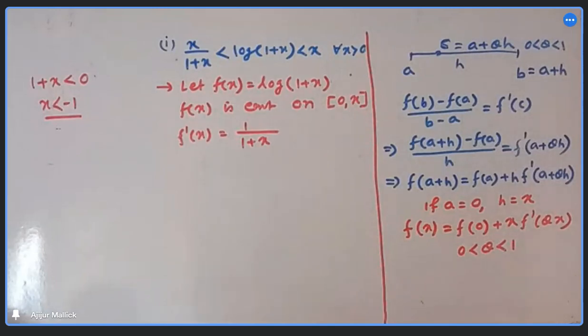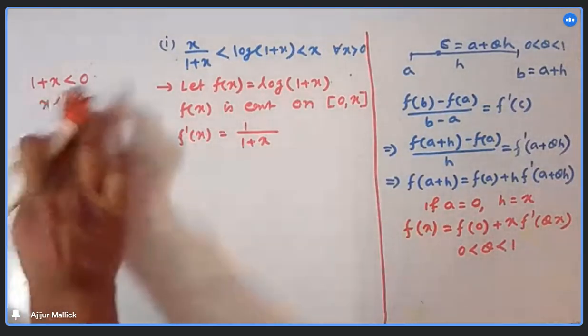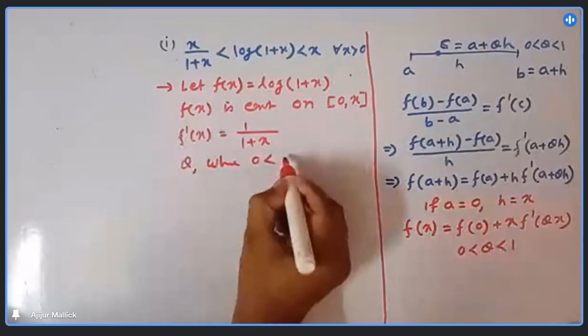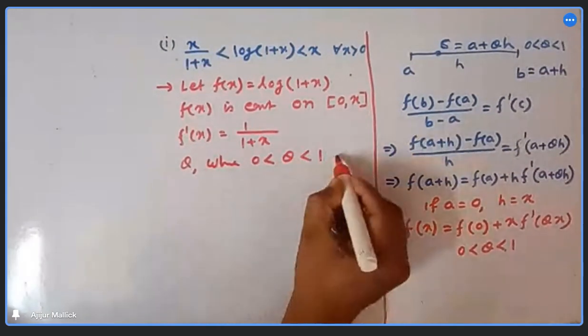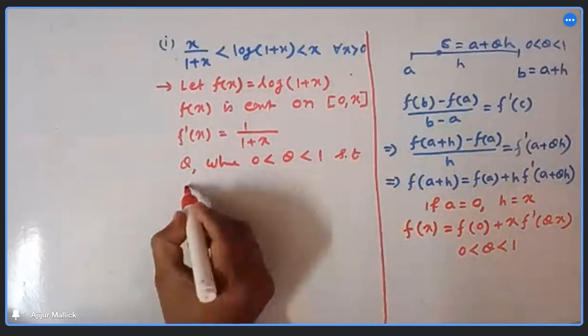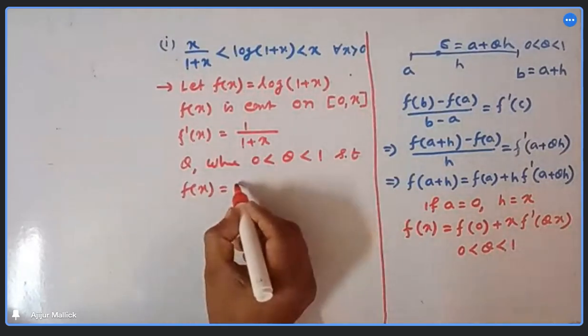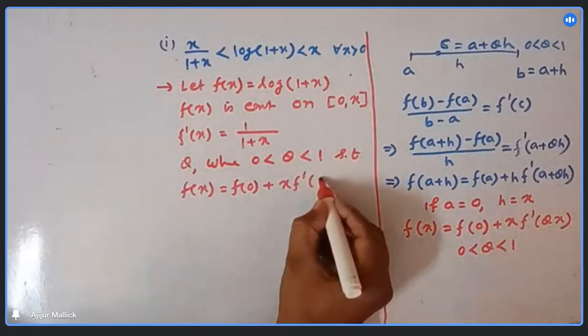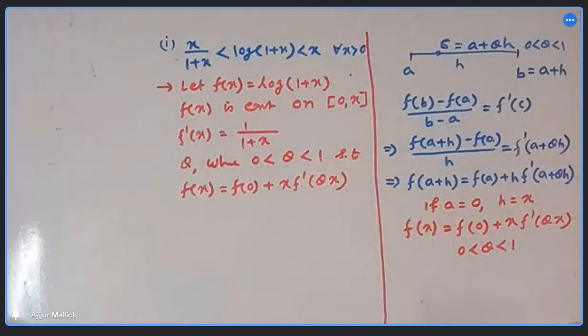Therefore, there exists theta, where 0 less than theta less than 1, such that, by this formula, f of x is equal to f of 0 plus x into f dash theta x.